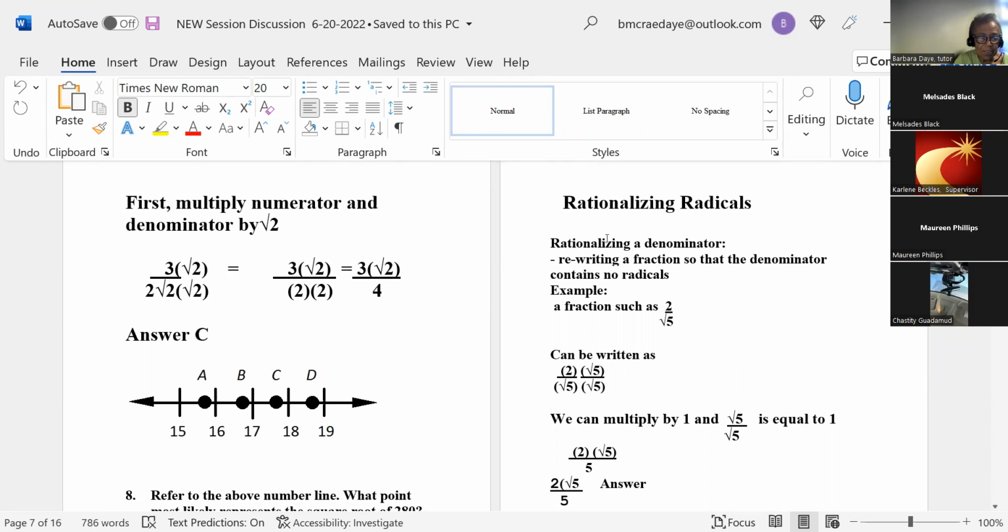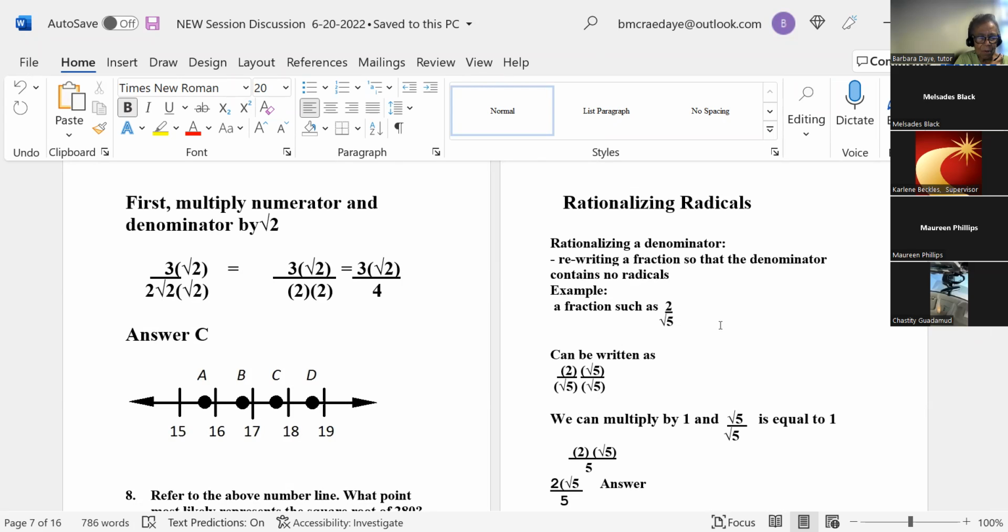Now, all that is doing is if we have a radical in the denominator, we want to rewrite it. Rationalizing means, you remember when we went through rational numbers?